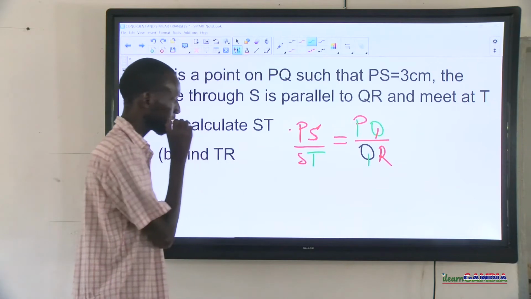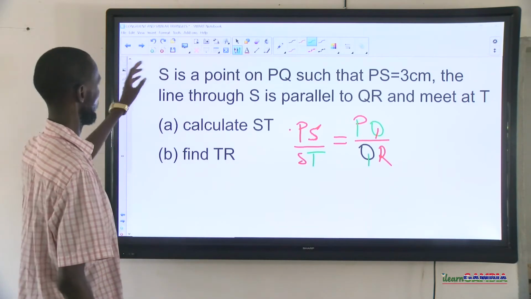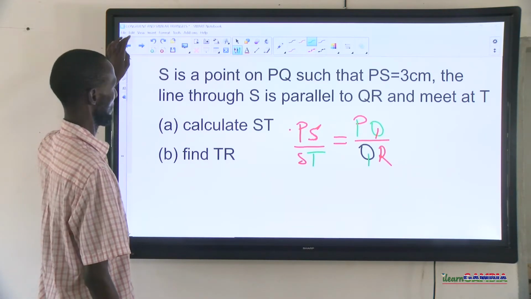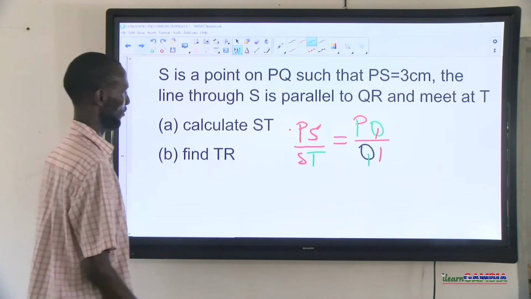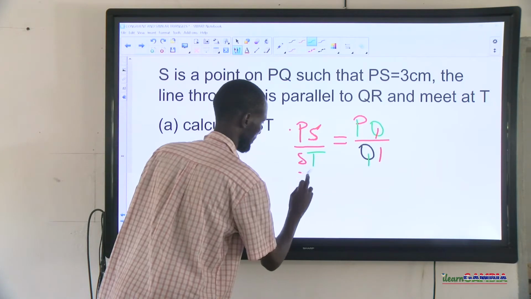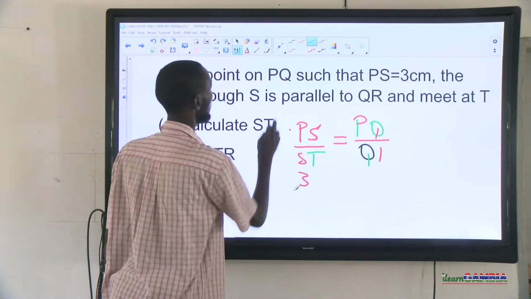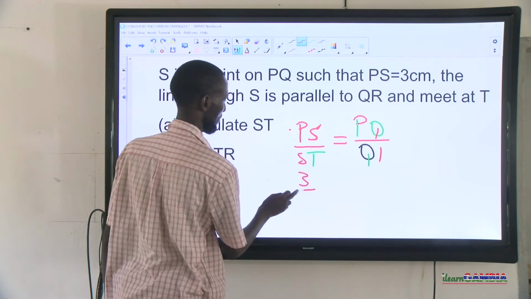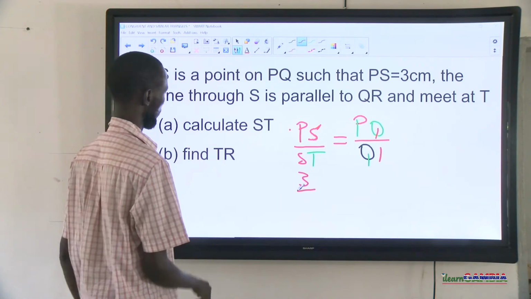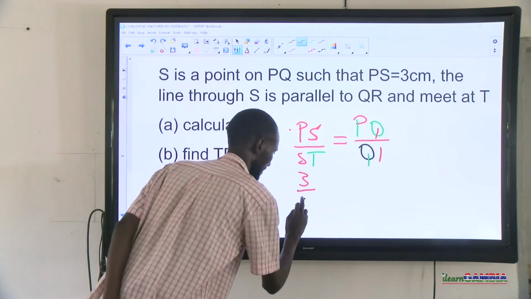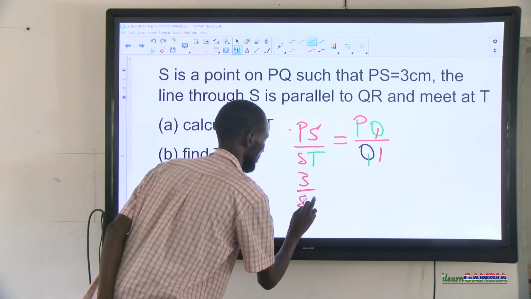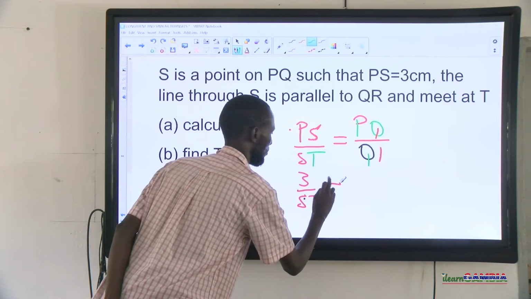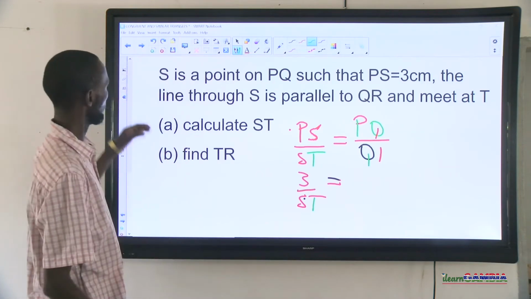Right. Now let's put the numbers in. Do we know PS? Yes, we do. PS is 3. So I'm going to fix 3 there on PS over ST. ST is what we are looking for, so we don't know ST. That is equal to PQ. Do we know PQ?